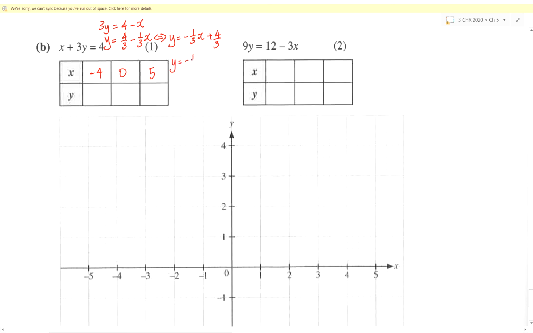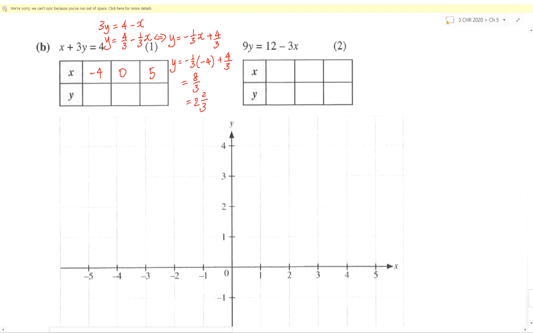So y equals to negative 1/3 times negative 4 plus 4 over 3. So you can use your calculator for this. So negative 4 times negative 1/3, we get 4 over 3. So 4 over 3 plus 4 over 3 is 8 over 3, which is actually 2 and 2/3.